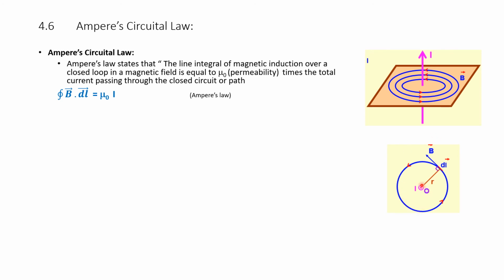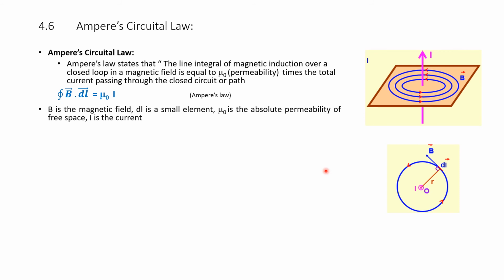Here the conductor is at the center, going into the plane of the paper, and this is the magnetic field around it. The radius of the circle is R. B is the magnetic field, dl is the small current element, and μ₀ is the absolute permeability of space.